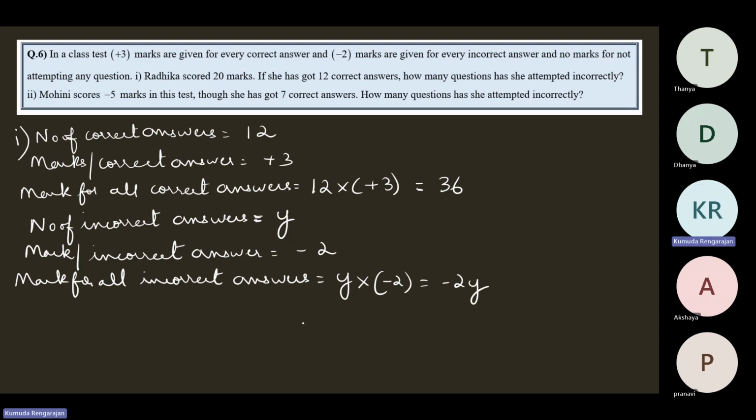Tell me the equation. Put both the marks together. What's the total score she's got? 20. She's got a total of 20 marks.